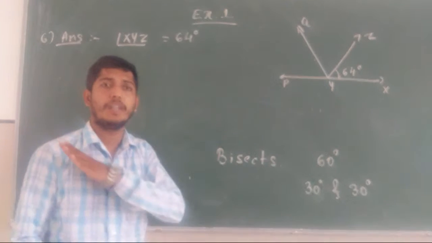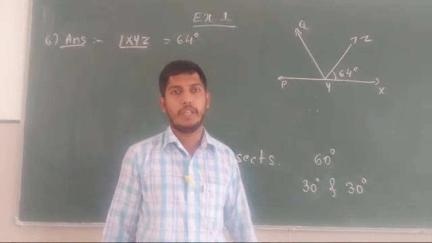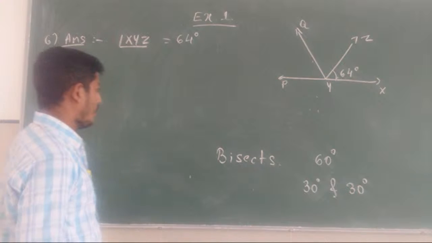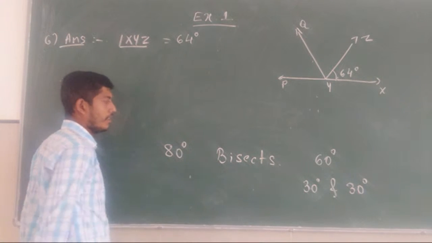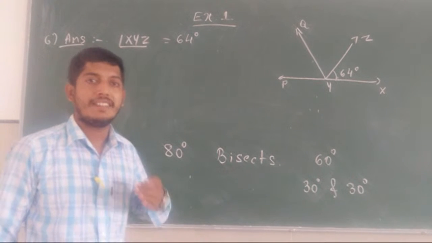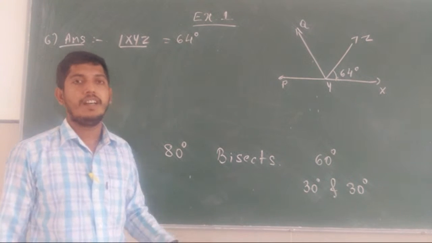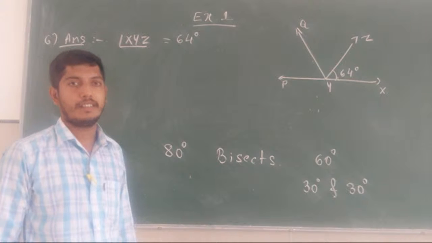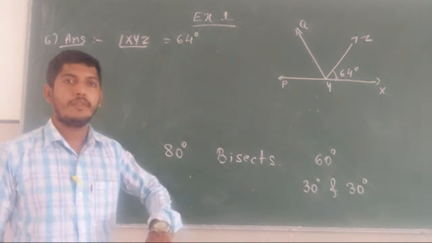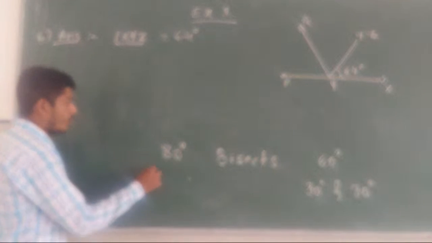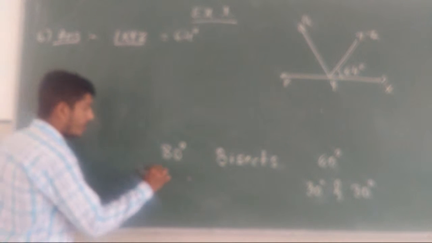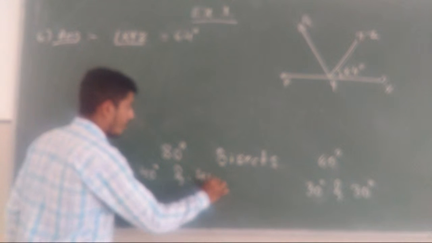So it completely divides into two equal parts. Another example: if the angle is 80 degree and a ray bisects that angle, then what are the produced angles? That means 80 divided by 2, it separates into two angles: one is 40 degree and another is 40.